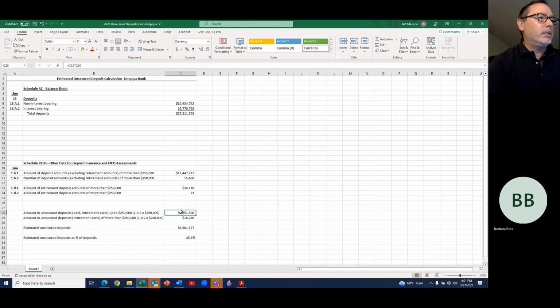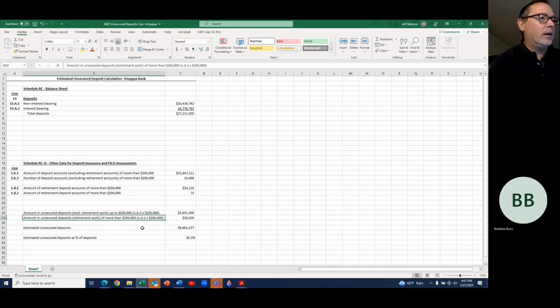In Umpqua's case at 12/31, it was about $3.9 billion that was actually insured. And then we do the same for the retirement accounts, which is 1D2, the number of accounts, times $250,000, to figure out that $18 million of the $24 million is actually insured. So therefore, the estimated unsecured deposits is $9.6 billion.